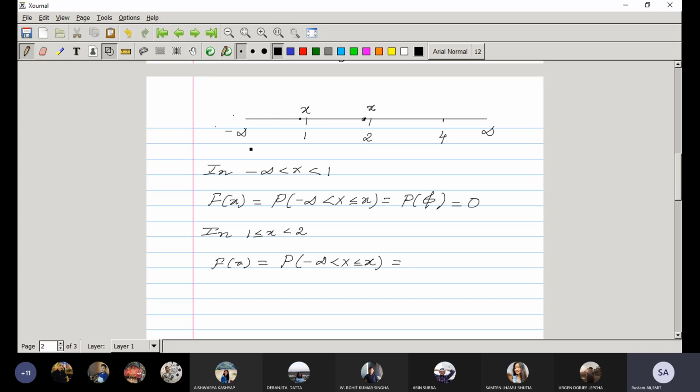It will search from here and get some probability located at this point, and nothing else. So we get only the probability located at the point x equal to 1. So this probability is 6 by 11.